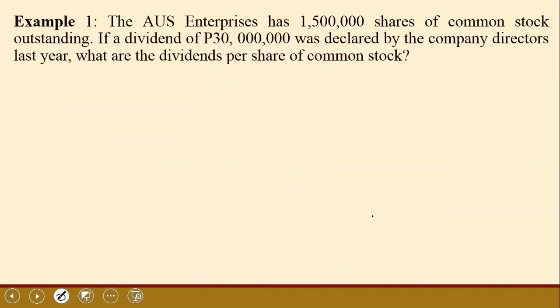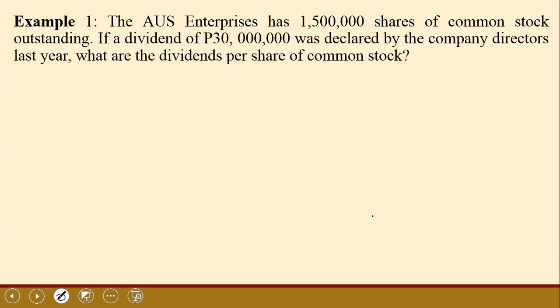Now, let us have an example for the dividends on preferred and common stock. Example. The AUS Enterprises has 1,500,000 shares of common stock outstanding.